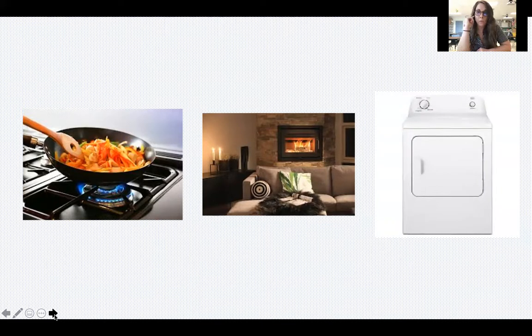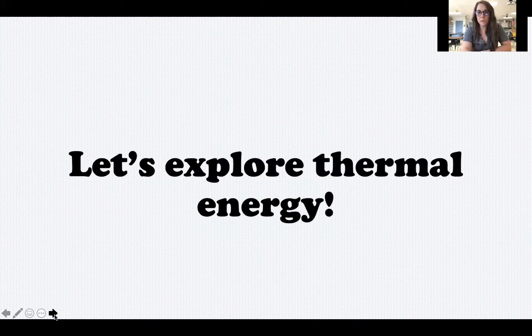We use thermal energy to dry our clothes in the dryer because the dryer gets hot. We use thermal energy in lots of different ways. When we blow dry our hair or straighten or curl our hair, those tools all get hot. That is thermal energy. When we iron our clothes, all of that involves thermal energy. When we make s'mores.